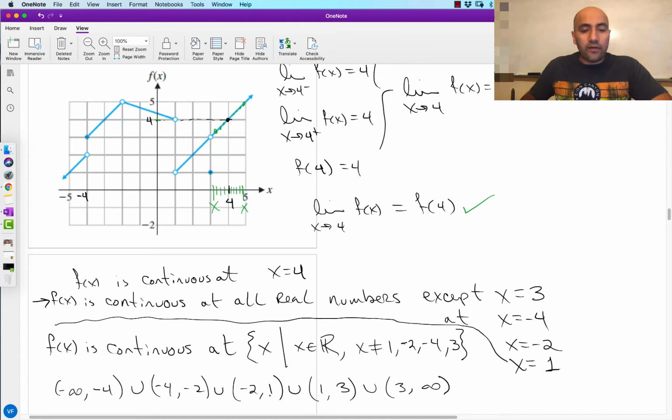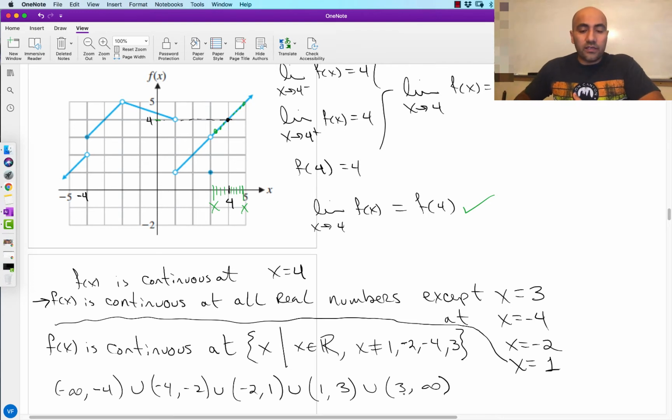Right? So this is another way of expressing the same thing. F of x is continuous for all real numbers, except that x cannot be 1, cannot be -2, cannot be -3, cannot be -4, and it cannot be +3.